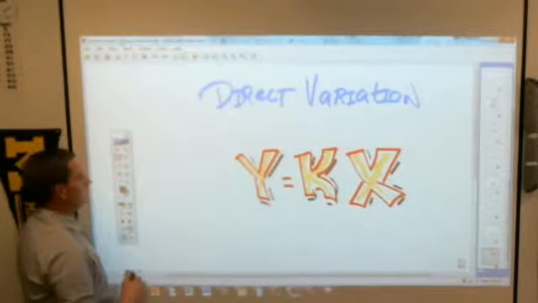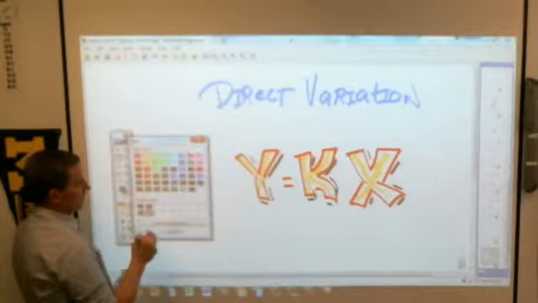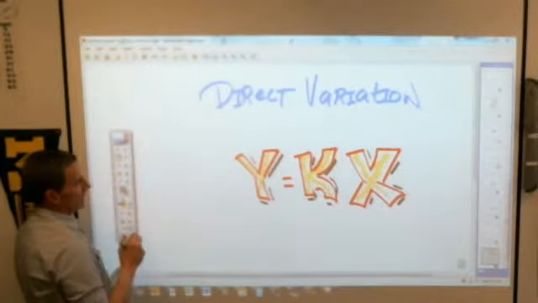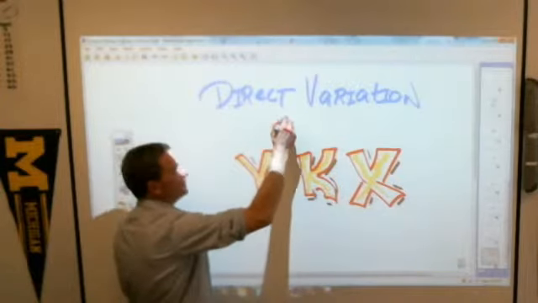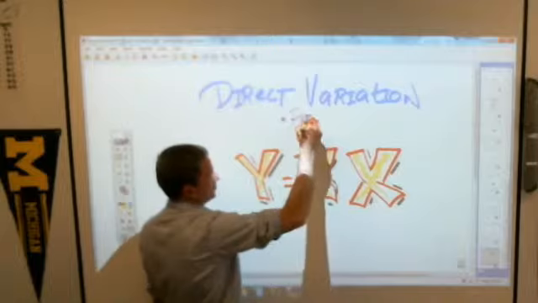Okay. Now, what does that mean? Anybody? Well, first of all, let's just say this. Direct variation is really nothing more than the same thing as being proportional.